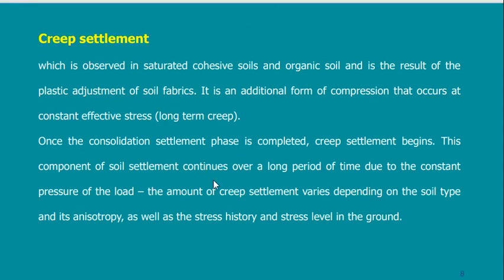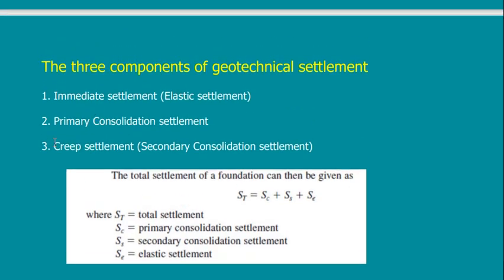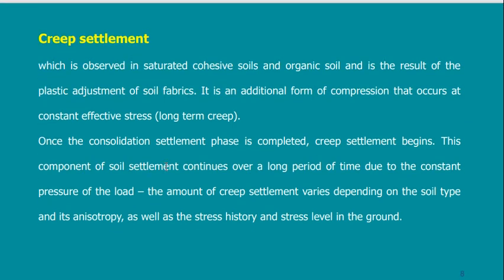Creep settlement, which is the third type here, we said number 3 is the creep settlement. Creep settlement is the rearrangement of the particles themselves. It means that regardless of the voids, these particles may be swayed, turned, or whatever to fit in a smaller volume.